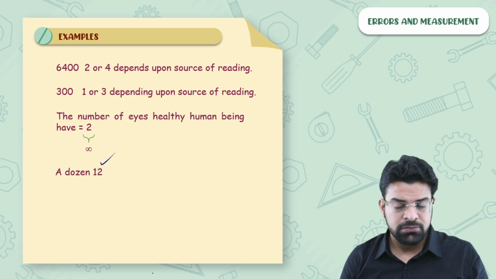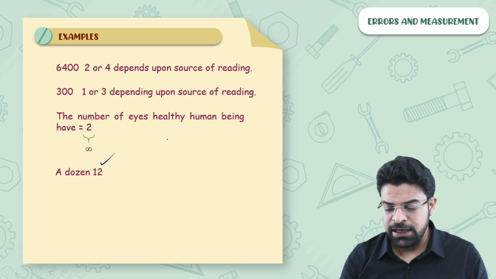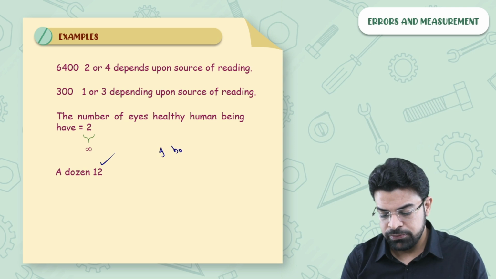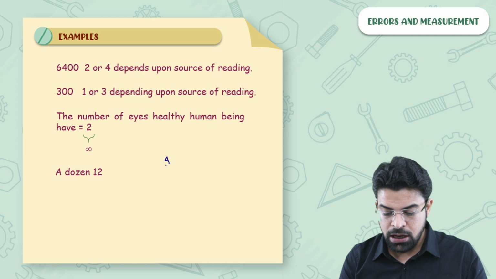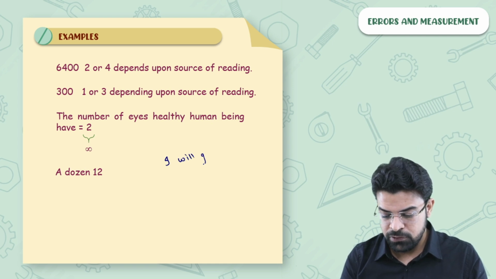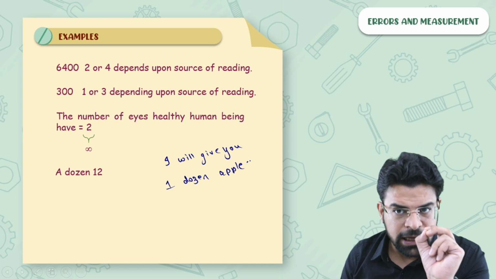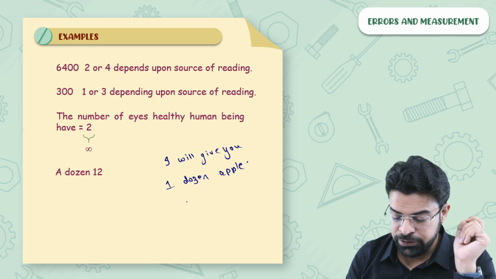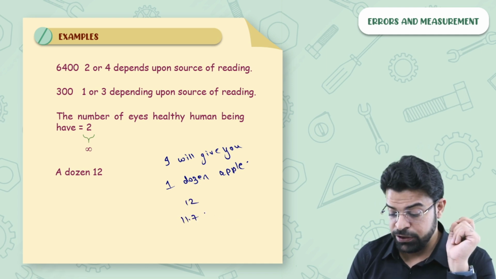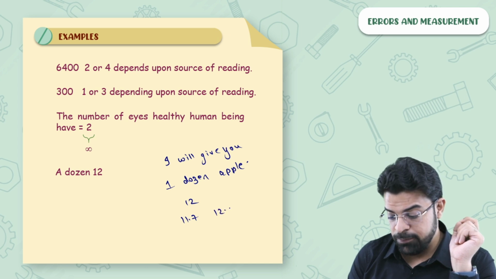Let's take one more example. A dozen means 12. I will give you 1 dozen apples. So how many apples do you expect from me? 12, 11.7, or 12.32?